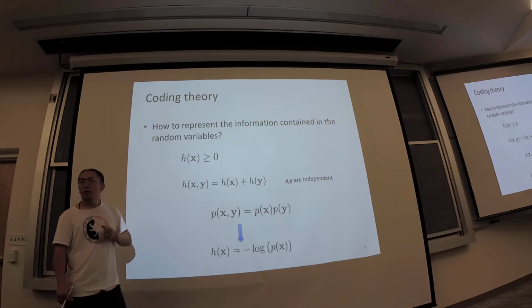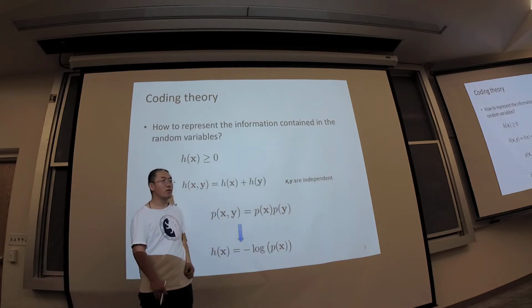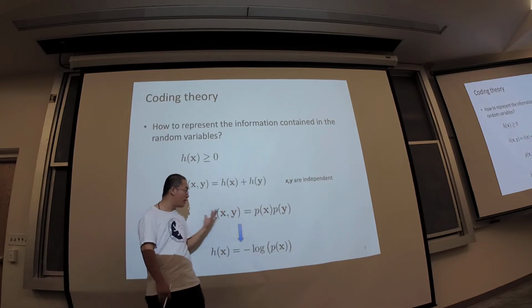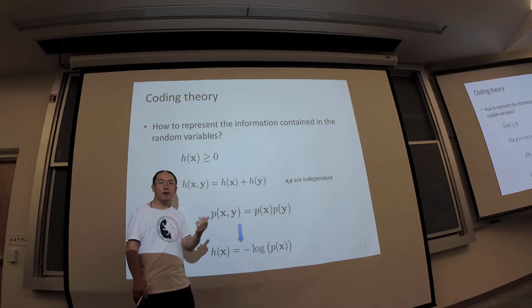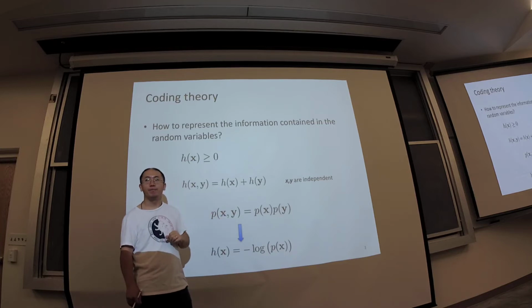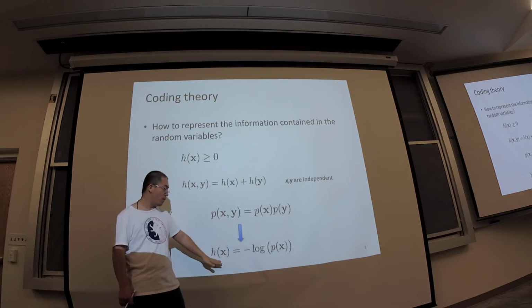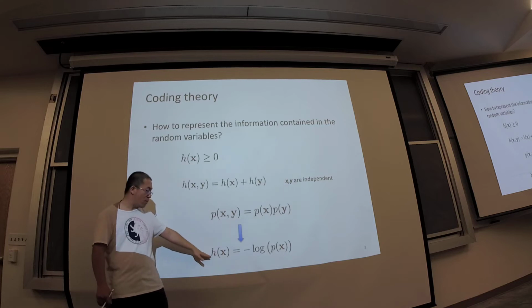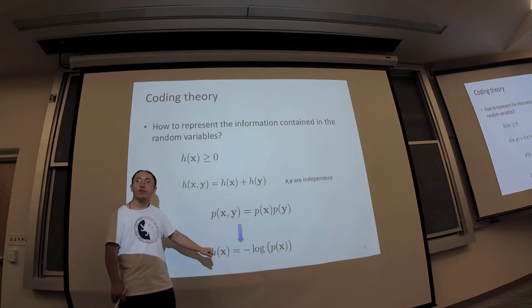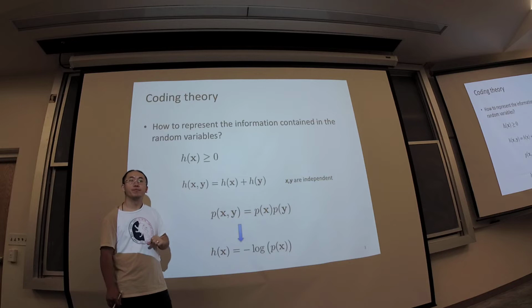What's the strategy? I heard that. Yeah, just take the minus, right? You first take the logarithm, and then you put a minus sign in front. Then you come up with our definition of information.